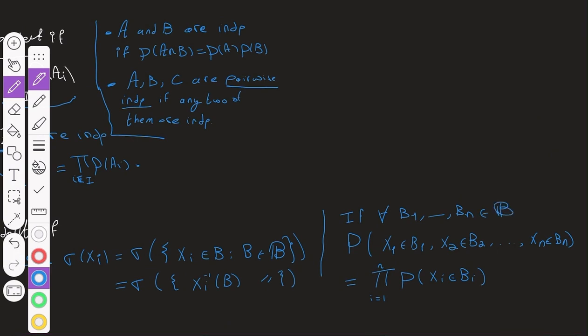So we want for any Borel sets b1 through bn that this is satisfied.